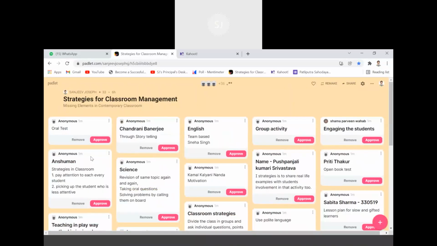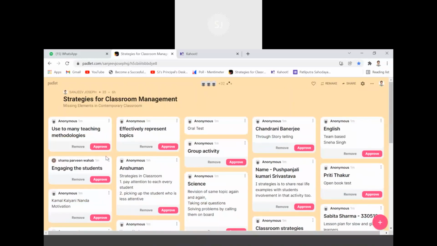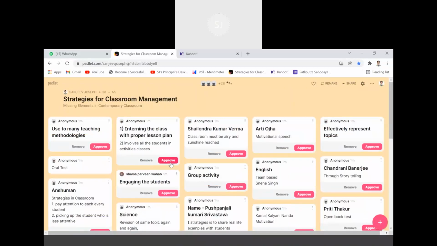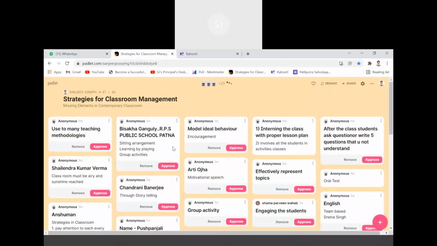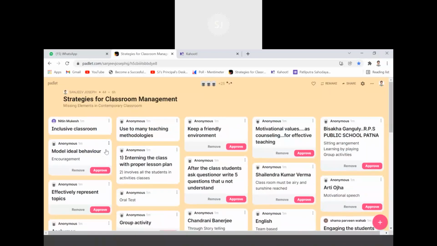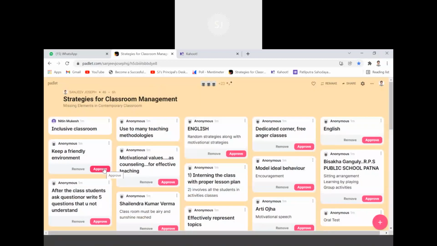Group activity is given by someone. Anshuman says strategies in the classroom and effectively represent topics. Aarti Oja, motivational speech. So there are so many of them. So I can approve a few of them. I'm very, very thankful to all of you that a lot of sharing is coming, that what we are using in our classroom.